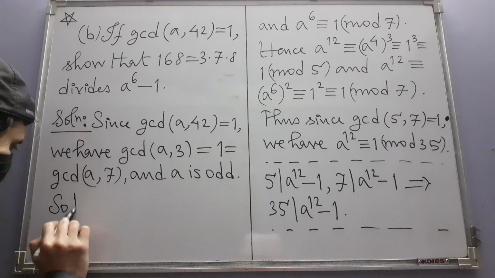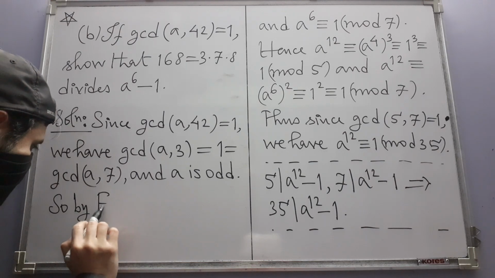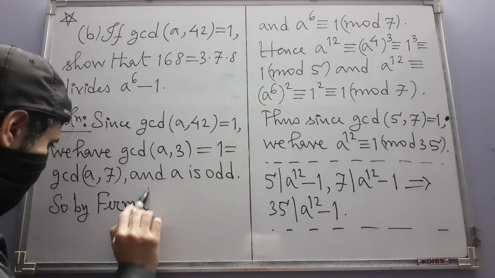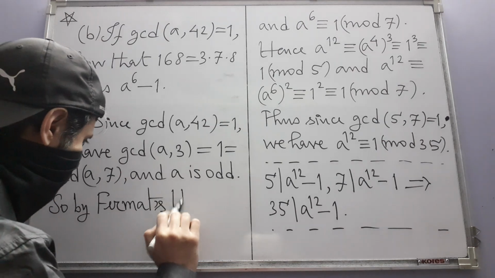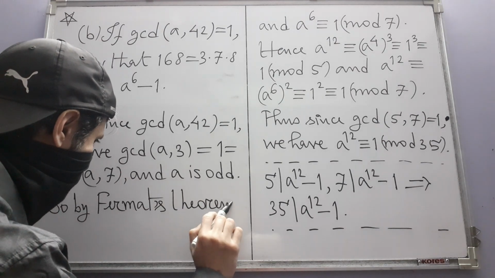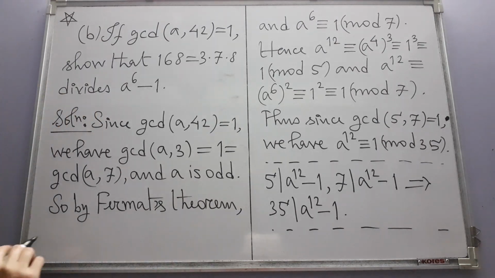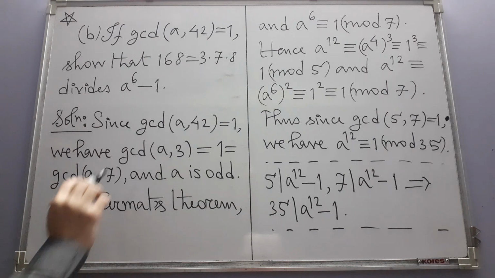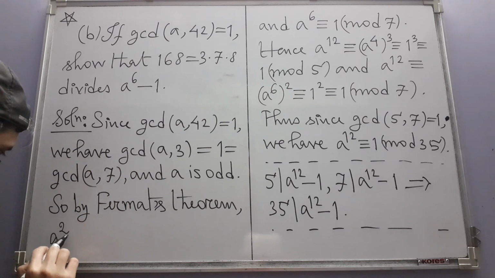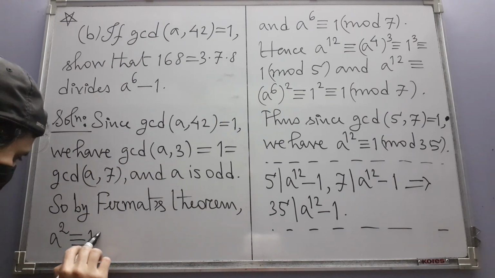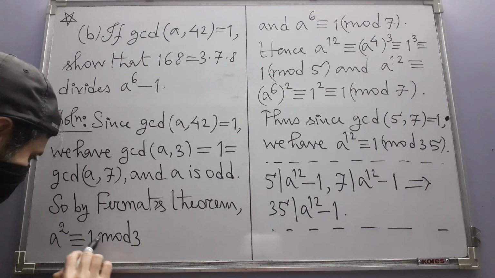So, by Fermat's theorem, we immediately get two congruences. The first one for the prime 3 is this. A square is congruent to 1 mod 3.